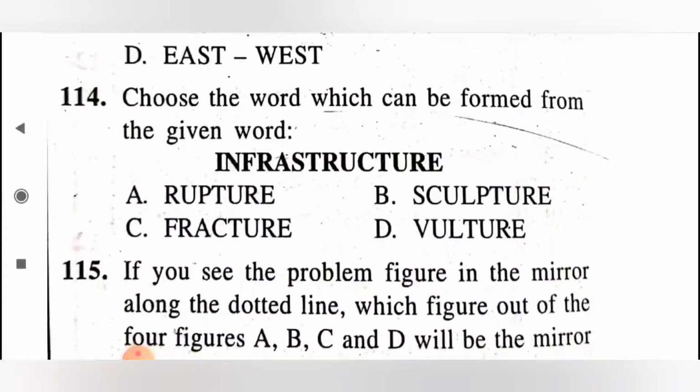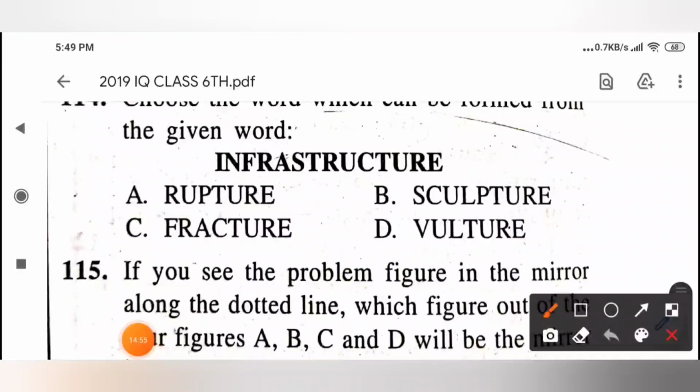114. Choose the word which can be formed from the given word. Infrastructure. See, you can't form rupture because there is no alphabet P in infrastructure. Option B, sculpture. Again, you can't form sculpture because letter P is not there in infrastructure. C, fracture.